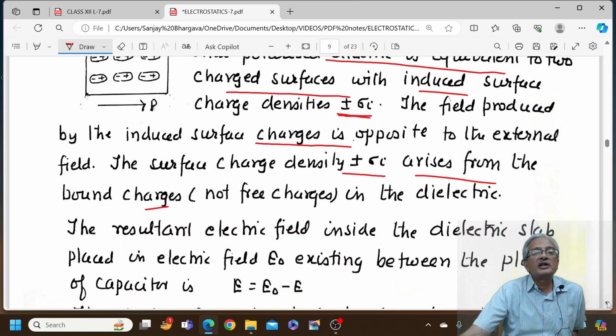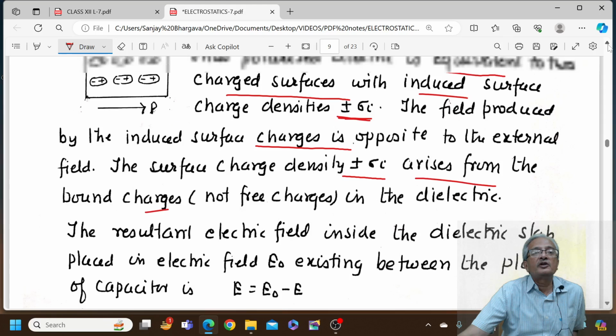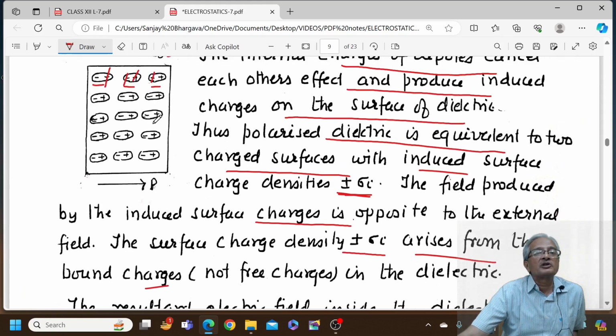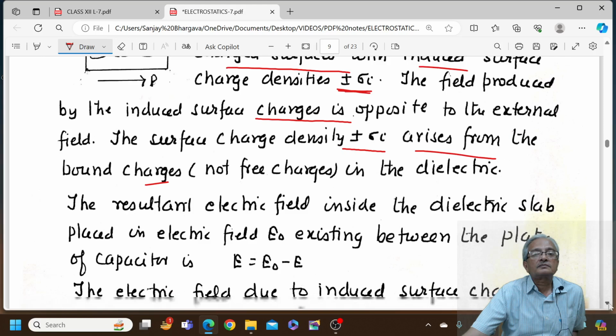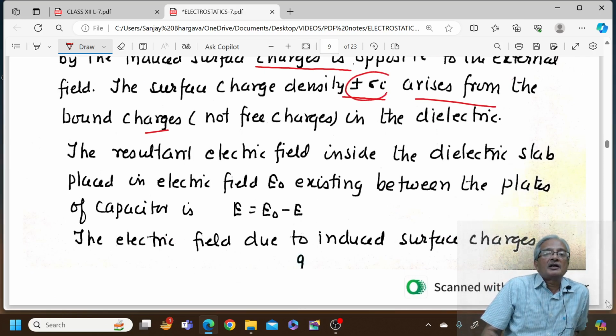The field produced by the induced charge is opposite to the external field, right? So what would be the direction of the induced field here? It would be from the positive side to the negative side. The charge density sigma_i arises due to bound charges and not due to free charges.